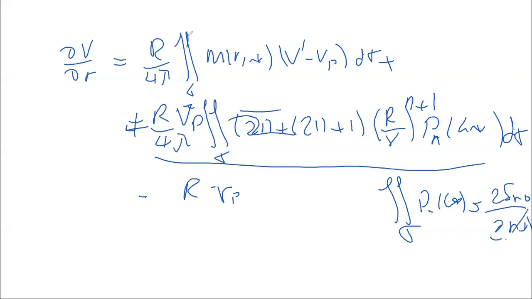So 2n plus 1 with this 2n plus 1, and this 2 by this 2, we have an integration over alpha, then it will be r, vp, and we will just have r over r plus 1. So that's the contribution of the computation point.